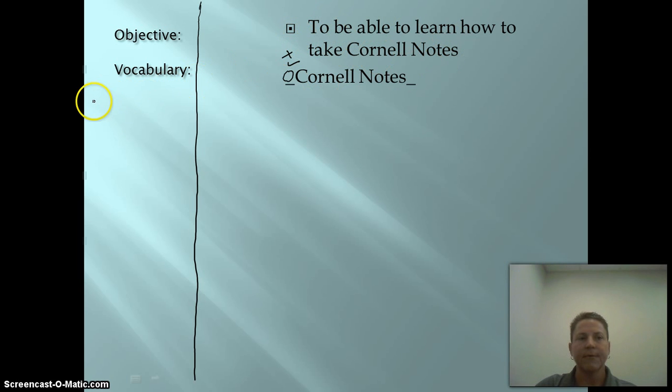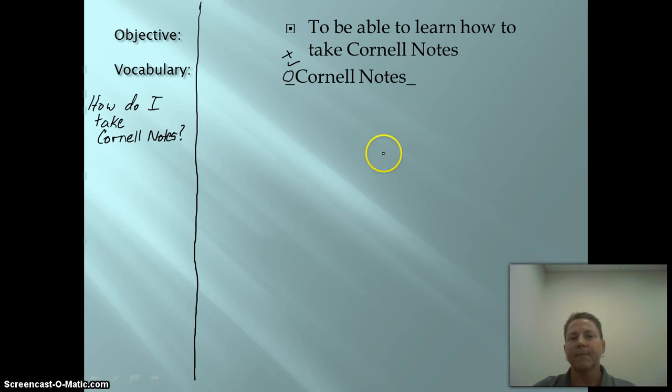So for example, for this lesson, you would write, how do I take Cornell Notes? Then you fill in the information as I go through the lesson. So you should have this question written down in your notes.